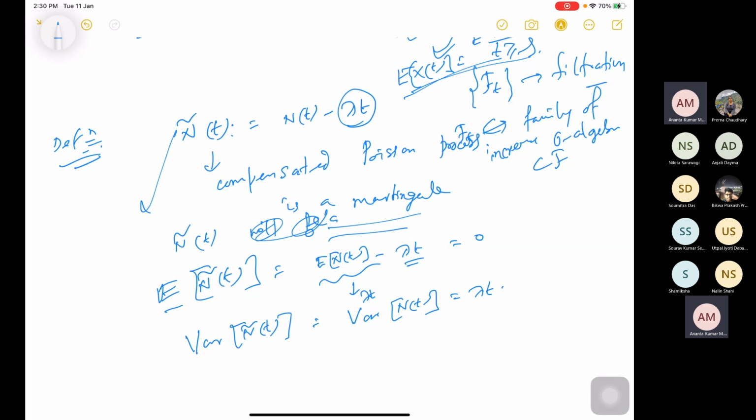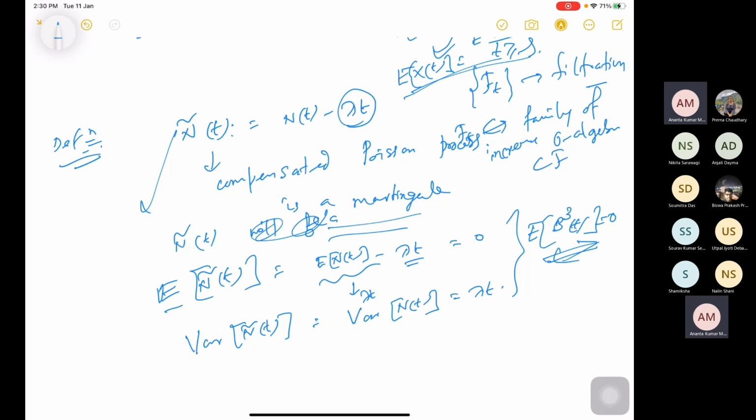So you may expect, but it does not mean that if the expectation of some process is equal to 0, it gives you a martingale. There are many examples. Okay, we'll come back later on. In particular, I'll talk about Brownian motion. If you look at B cubed t, the expectation of B cubed t is equal to 0. In particular, all the odd moments of Brownian motion are 0. But B cubed t is not a martingale.